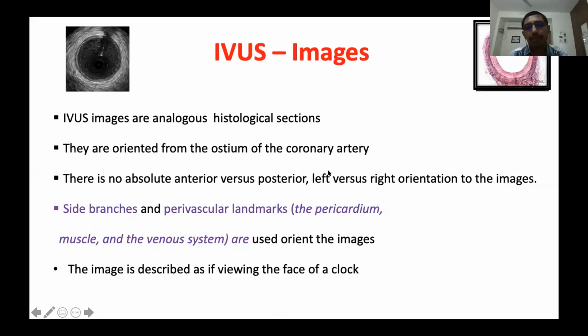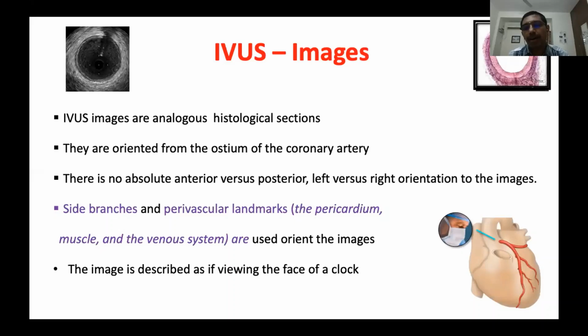These images are oriented from the ostium of the coronary artery. If you take the example of echocardiography or computed tomography, all the images are oriented from the foot end of the patient. Here the intravascular ultrasound images are oriented as if you are sitting inside the sinus of Valsalva and viewing into the ostium of the coronary artery. There is no absolute anterior, posterior, right and left orientation to the images.